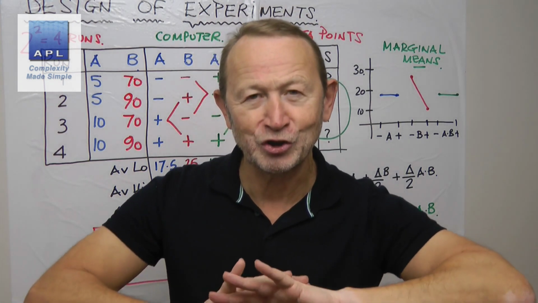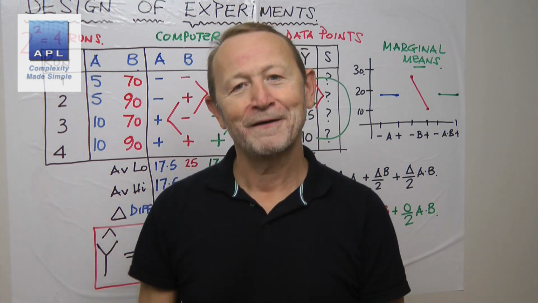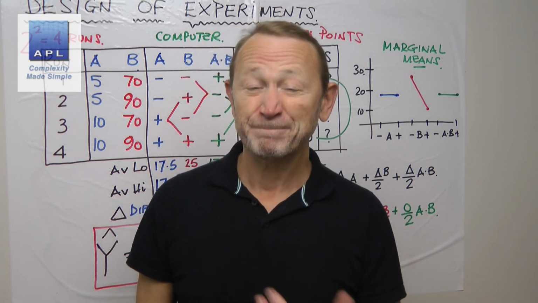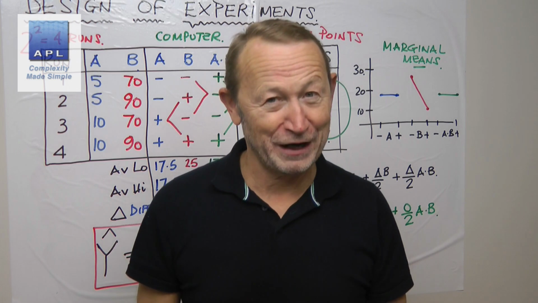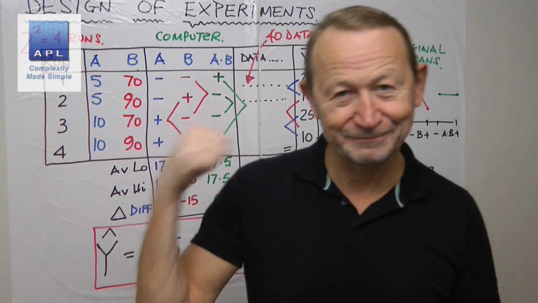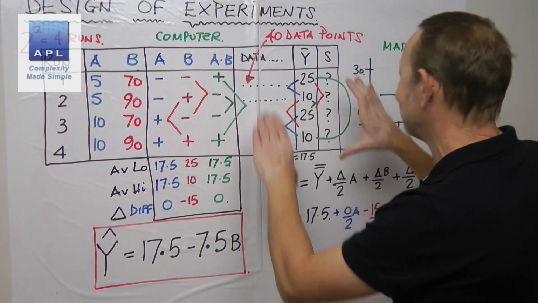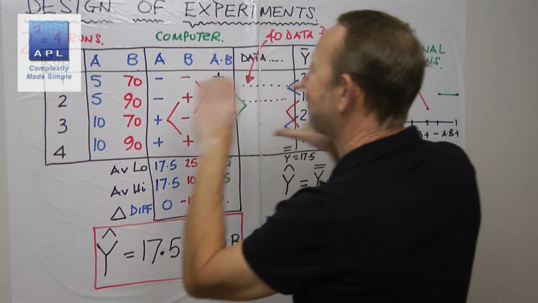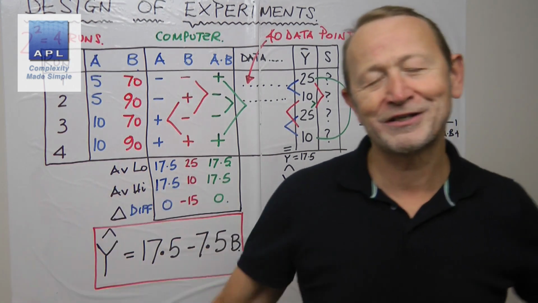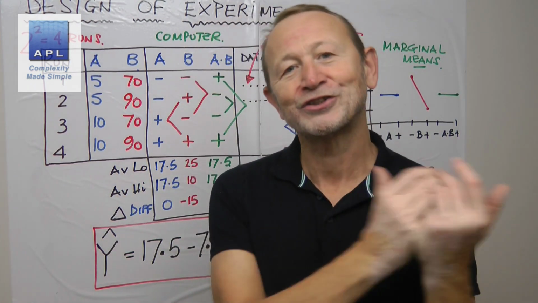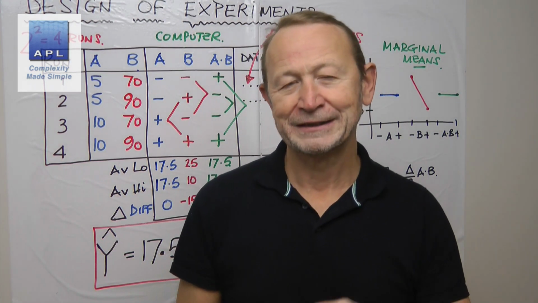It's knowledge you would never get with a 1-factor test. And even if you did get the knowledge with the 1-factor test, it would have taken you double the amount of flipping effort, because you would have had to do 40 for A and 40 for B. So it would have taken you 80 data points, not 40 data points.